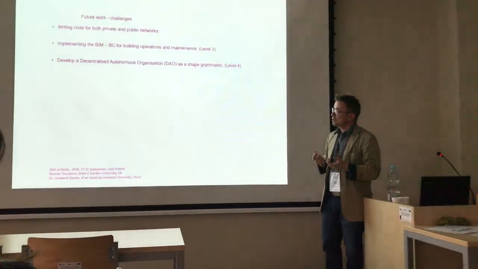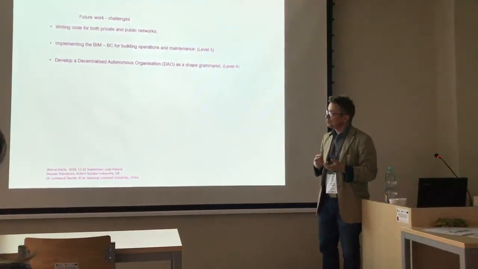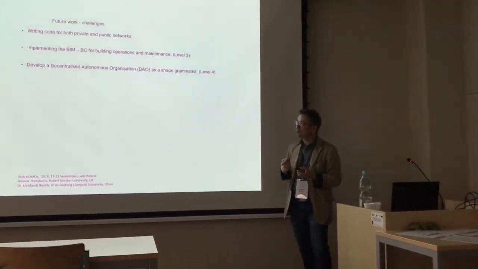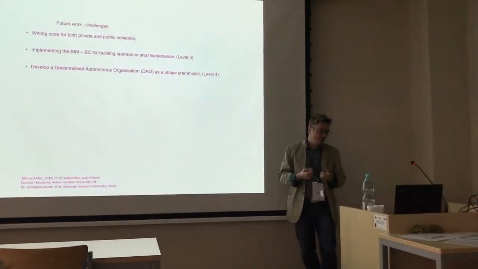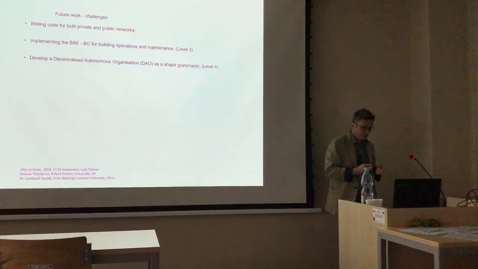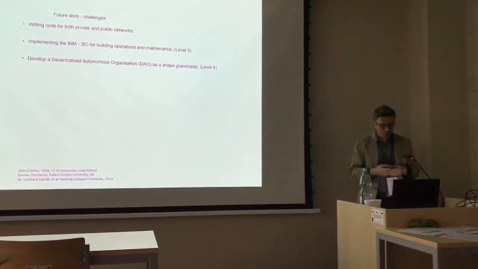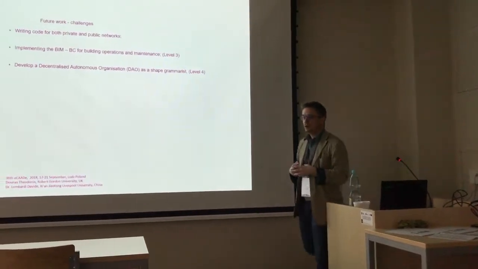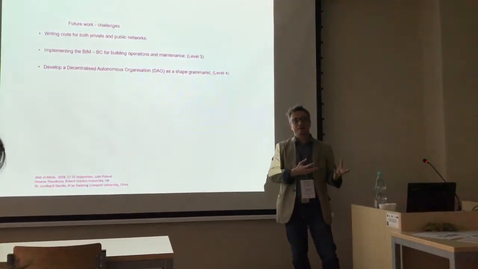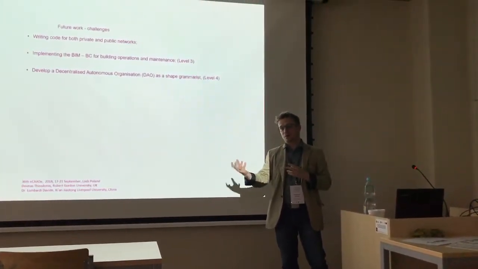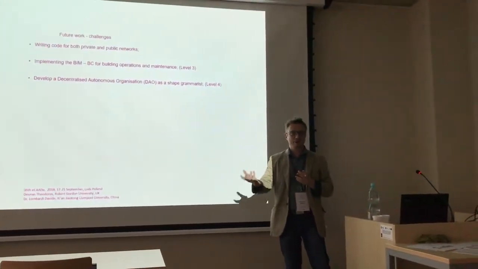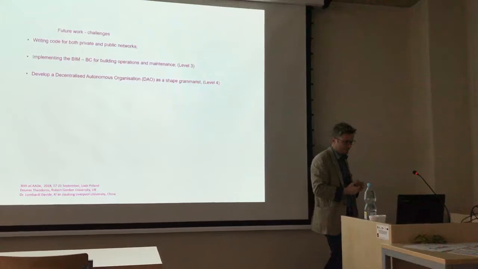The second thing we're trying to do, and in this we're trying to collaborate with a couple of other colleagues, is implement direct BIM to blockchain integration, so that we look into building operations and maintenance. So how do you use BIM and a digital twin with a real existing building, and then you can use blockchain basically to record whatever happens within the existing building.